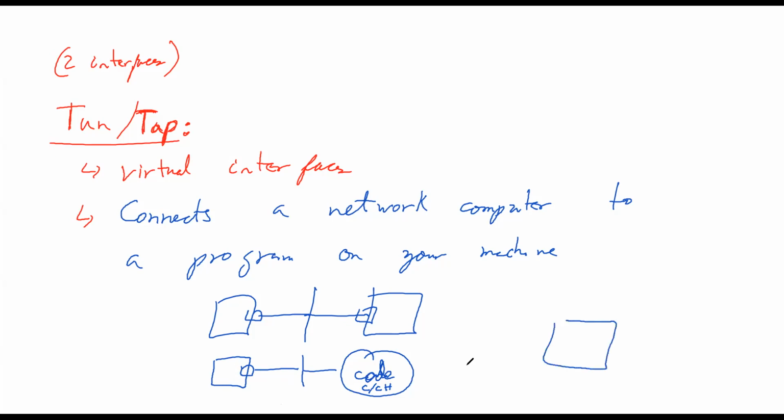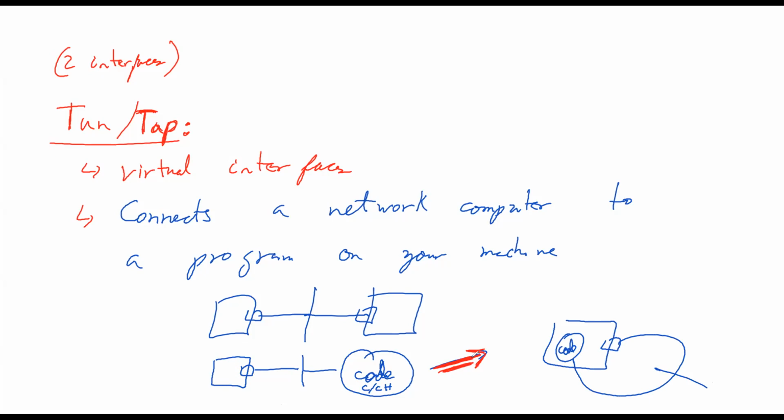The code is there, and so it's almost like that. You see, it's a connection to itself. So that's the logic behind it, if you will. Okay? So that's what TuneTap does.